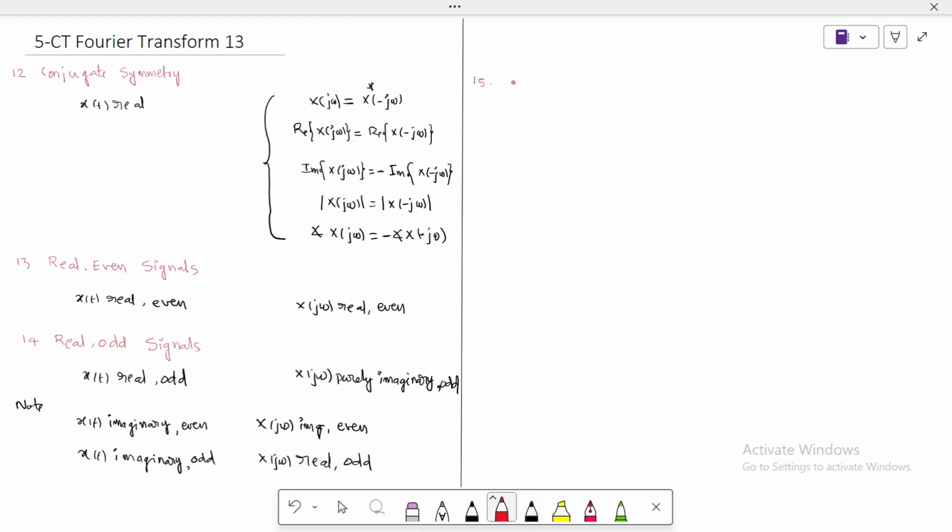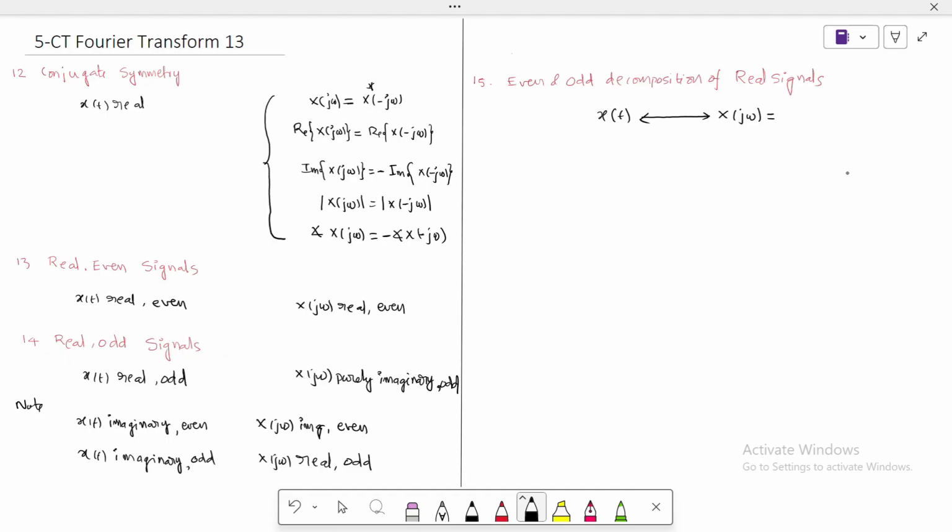So the 15th one, even and odd decomposition of a real signal. So we know that x of t Fourier transform is X of j omega.